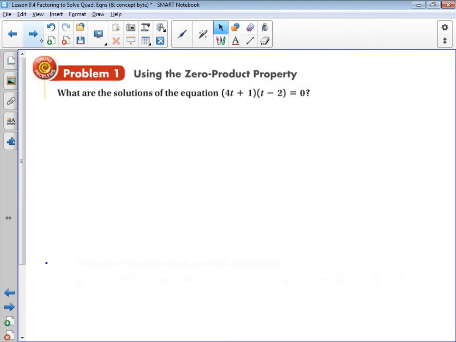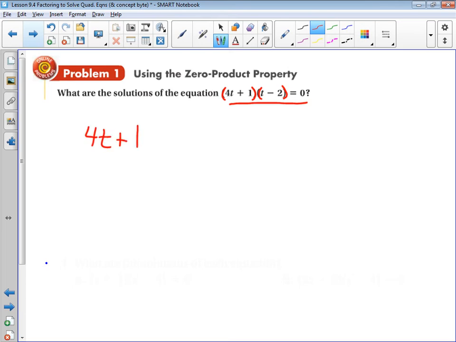And here we go. The first problem says, what are the solutions of the equation 4t plus 1, t minus 2 equals 0? So what you're trying to figure out is, what is the value of t that makes this equation equal to 0? And what's true is either 4t plus 1 has to equal 0, or t minus 2 has to equal 0.